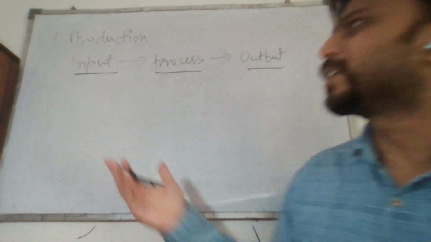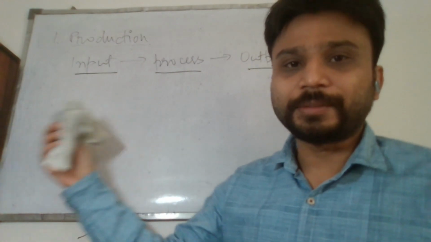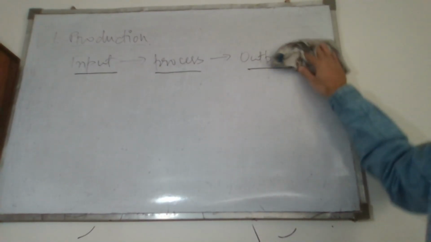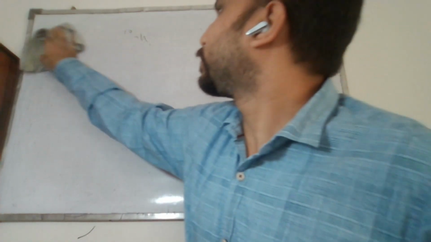So this is what production is, a broad definition: some input, process, and some output.